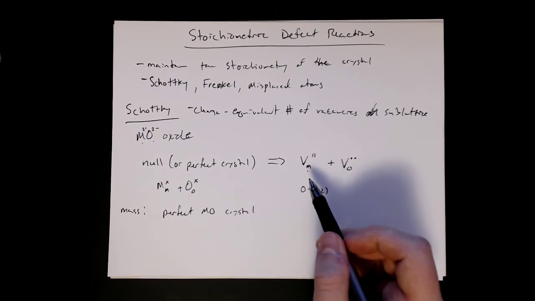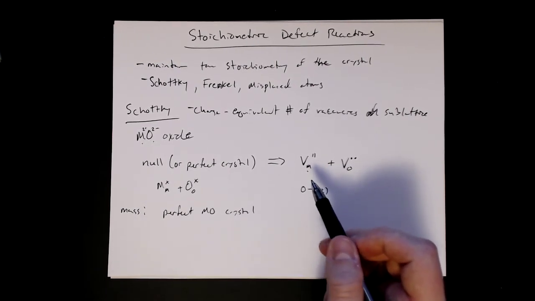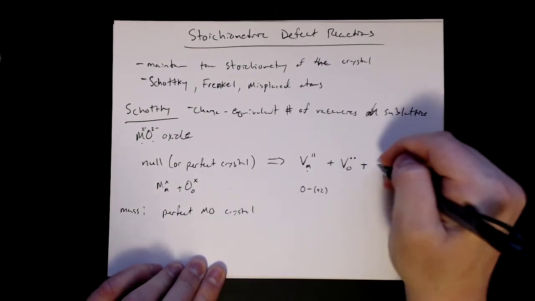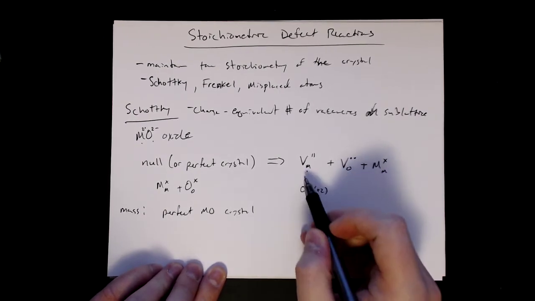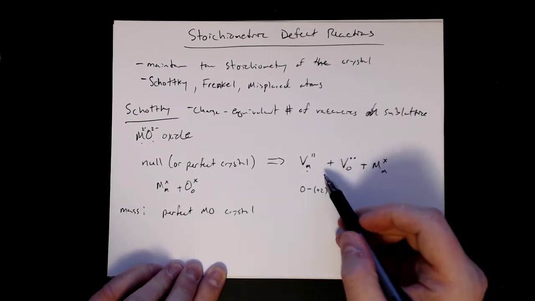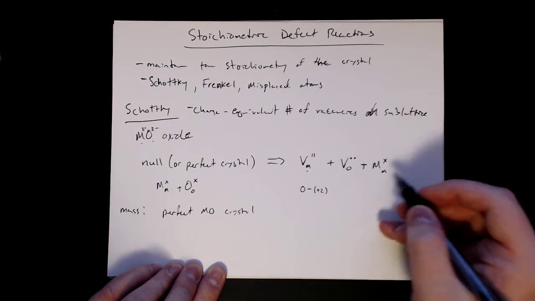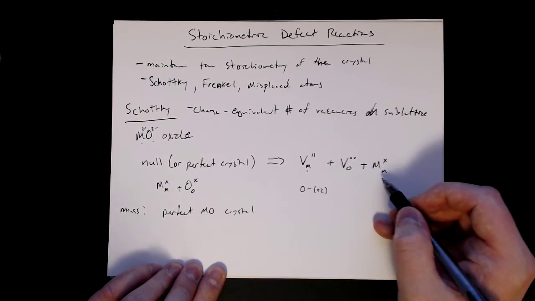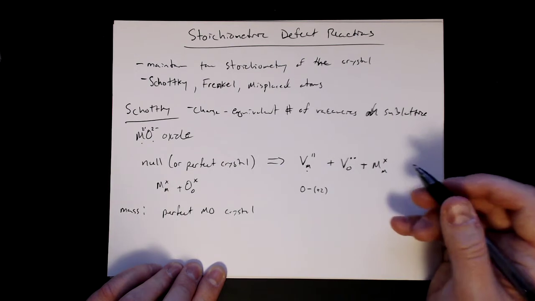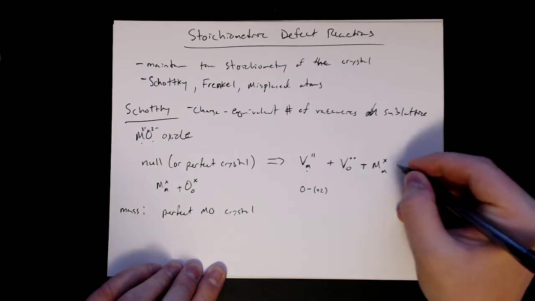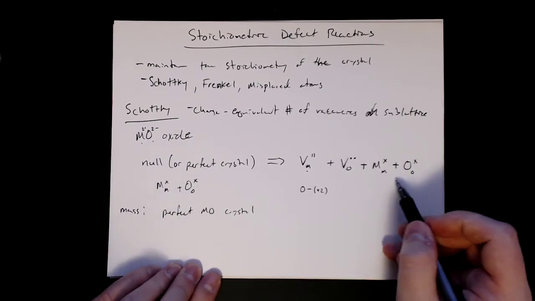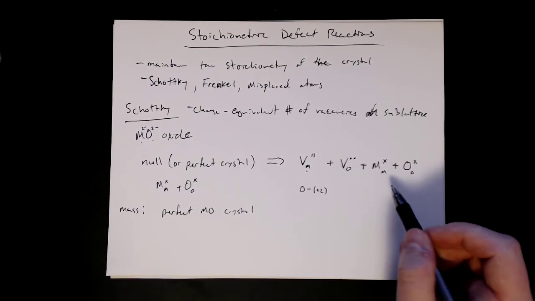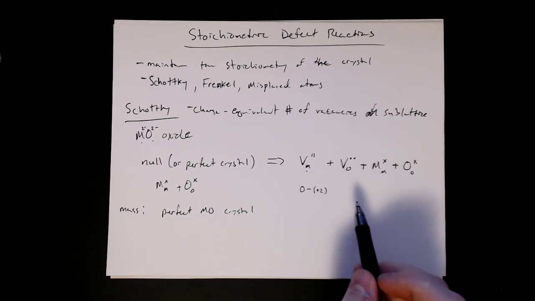So technically, if you want the mass to be balanced, you would also have to write M goes to an M site. This would basically imply that you're removing that metal and it's going to the surface or somewhere, so it goes to another site and there's no change in charge there. And the same thing would have to happen with oxygen. So technically, you have to write these if you want the mass to be balanced, but I will tell you now that you never really see these except in examples.